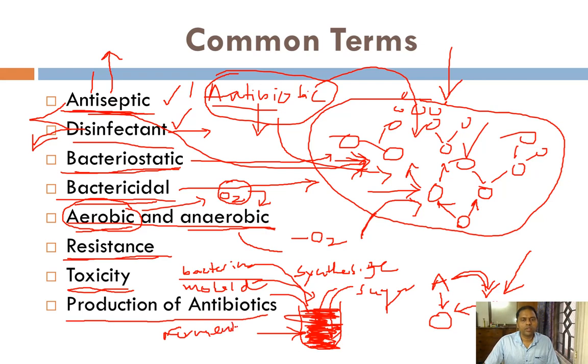After the bacteria has grown, they produce antibiotics. This bacteria or mold produces the antibiotic from their metabolic process. And these antibiotics are extracted, which means they remove them from this whole growth.